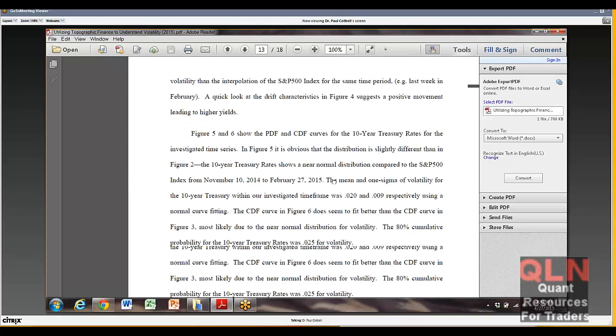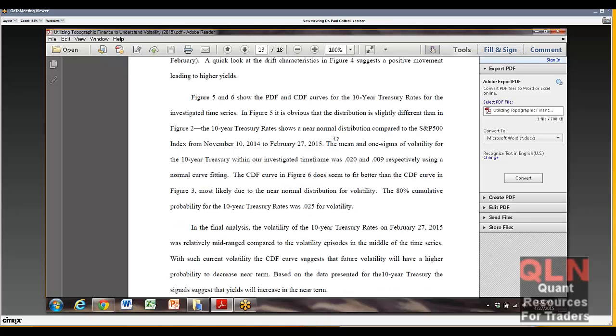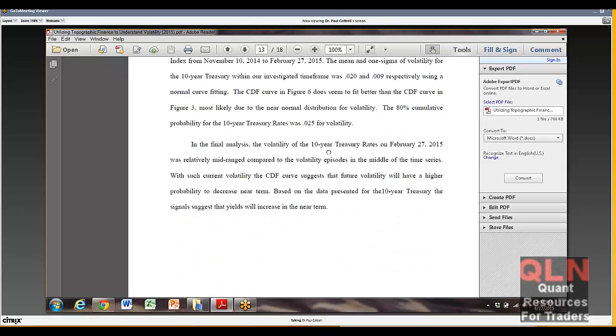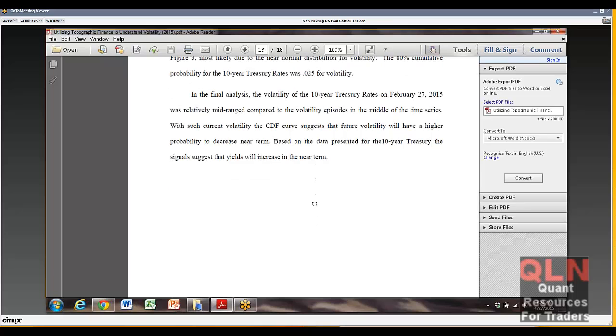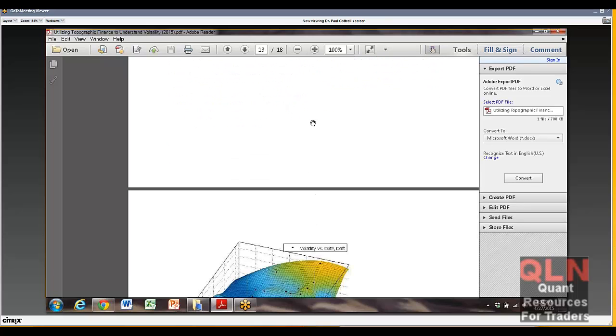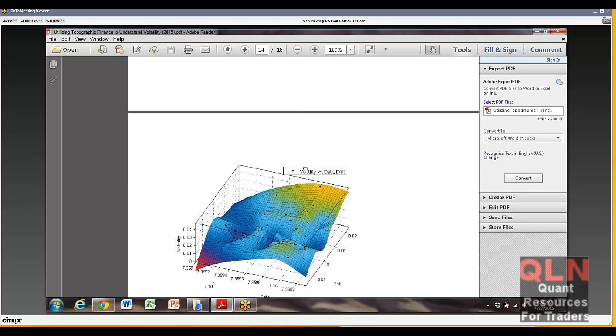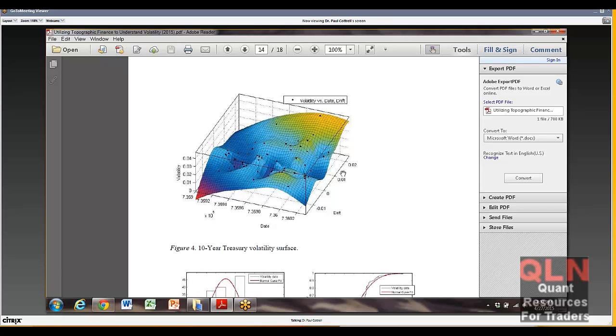So we did the same thing for the 10-year. Okay, so this is the 10-year. And it has some qualitative characteristics that are slightly different than the S&P 500. You notice with the S&P 500, it was more down, up, down, up, down, but it was pretty much flat, it wasn't trending up or trending down the volatility.